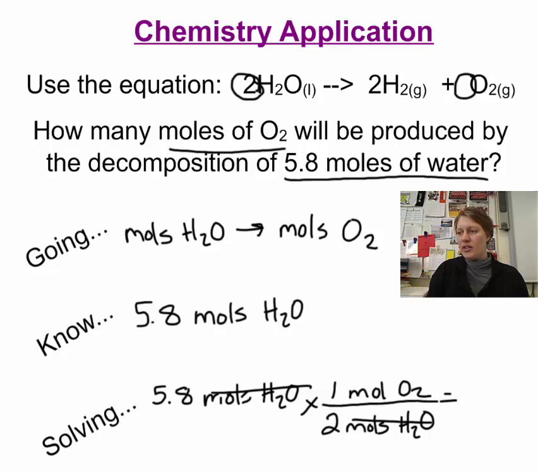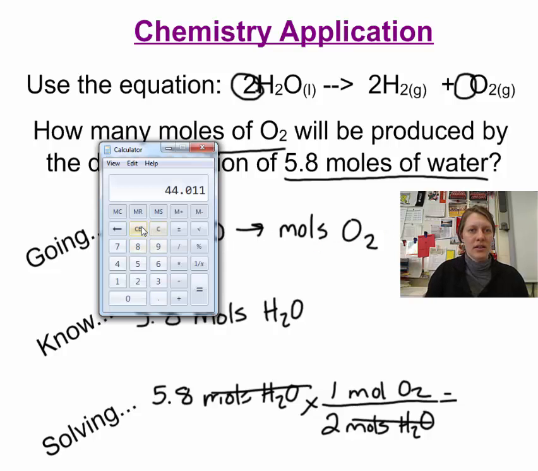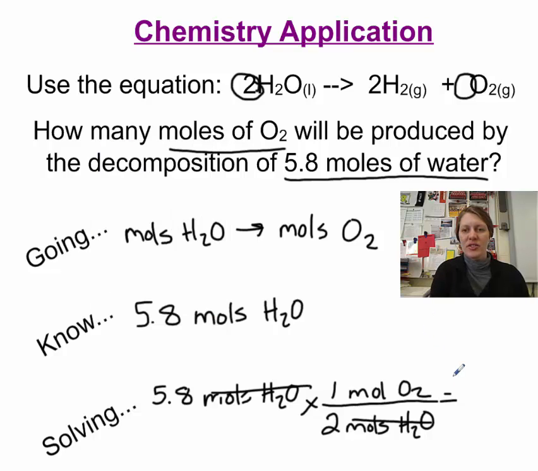So let's bring that calculator back over again. If I now go 5.8 times 1 on the top, and then divide that by 2, I get my final answer, 2.9 moles of oxygen.